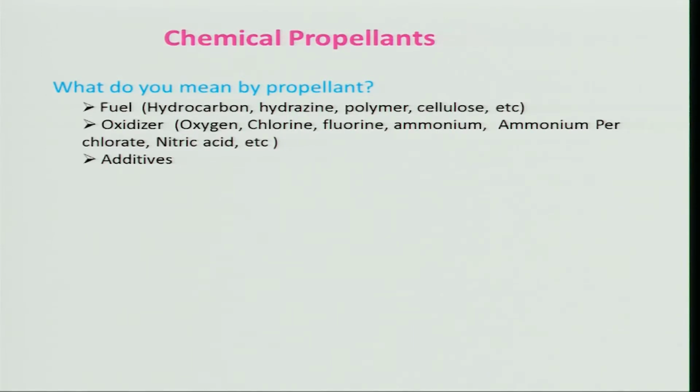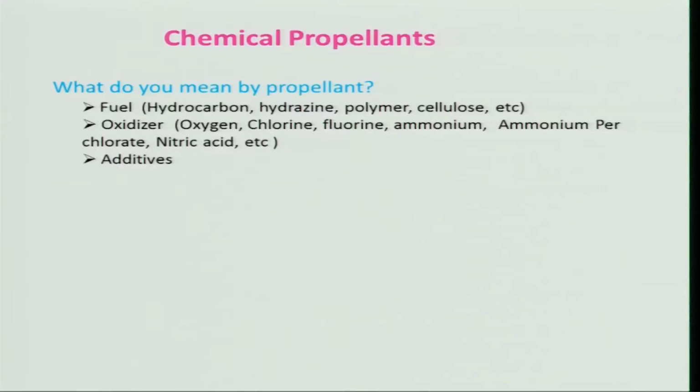Cellulose we use, is it not, in your food and other things; it can be used as a fuel, right. And oxidizer like oxygen, which is there in air, we use for combustion purposes, but it can be used as a chemical propellant. Chlorine, fluorine, ammonia, ammonium perchlorate, nitric acid, several of them we can use as oxidizer.